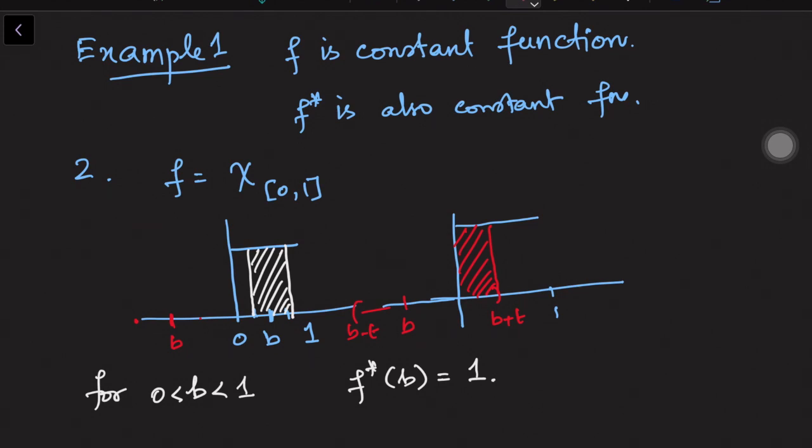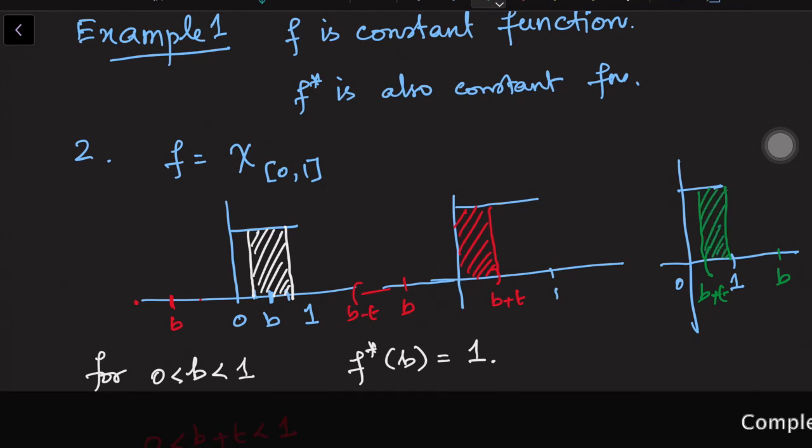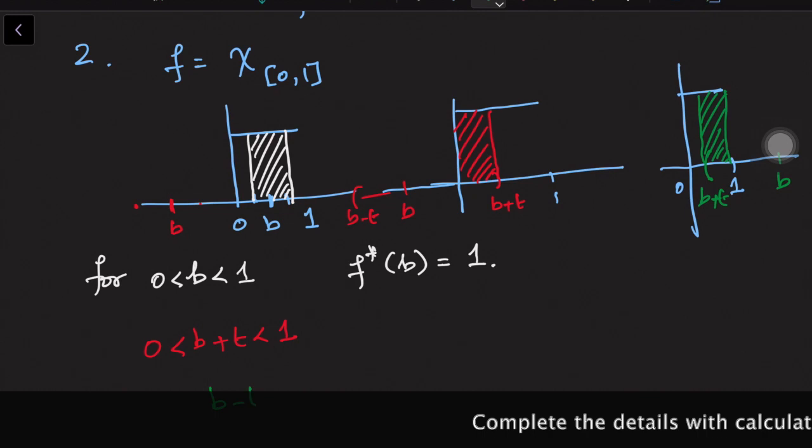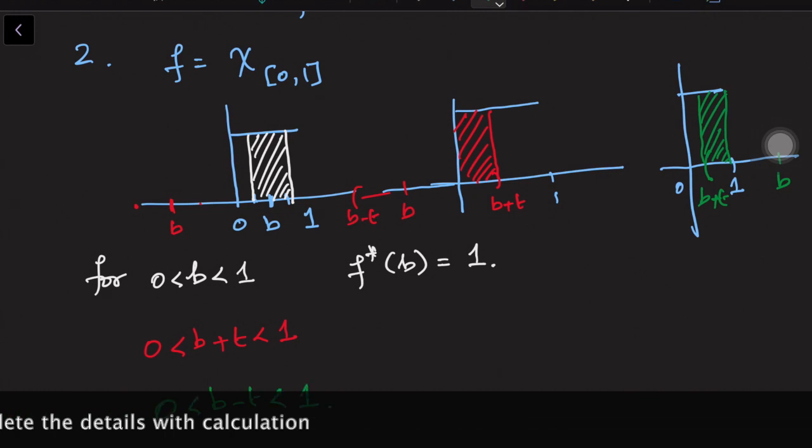This happens only when b plus t is less than 1 and bigger than 0. The third case is b being on the right. In this case, we get this length, this area. Corresponding to this case, b minus t has to be between 0 and 1. Of course, one can include the end cases also.